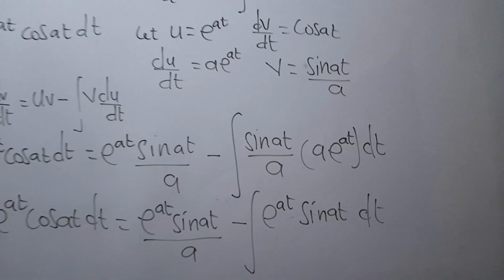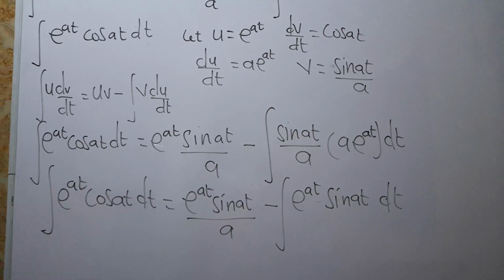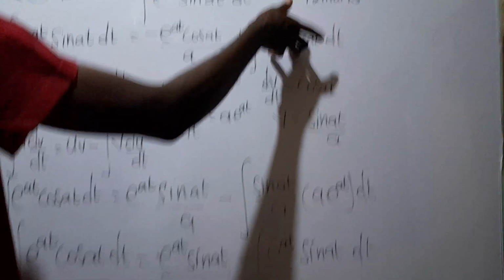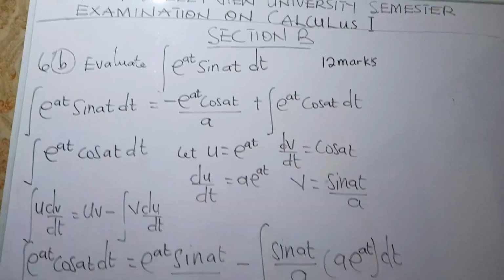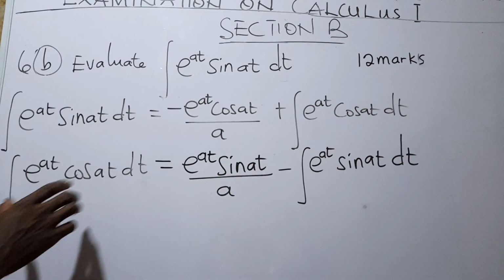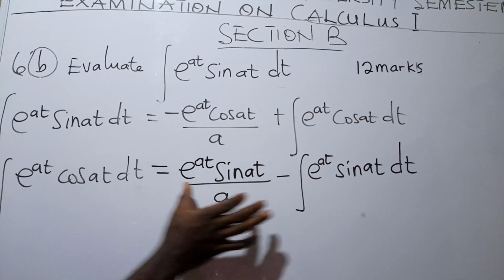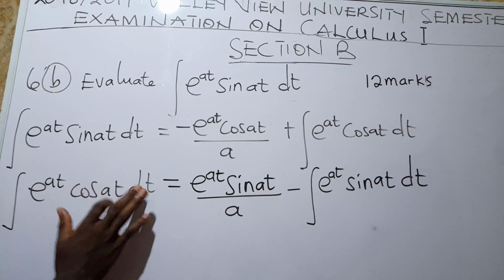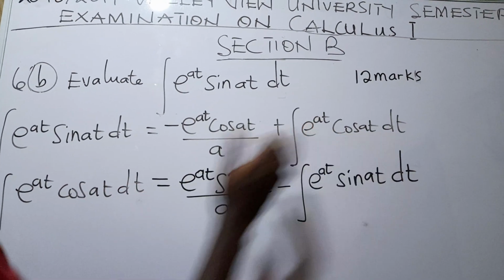So now, we know the integral of e^(at) cos(at) dt to be this. We substitute it in this place. So we can substitute this in place of the integral of e^(at) cos(at) dt here.